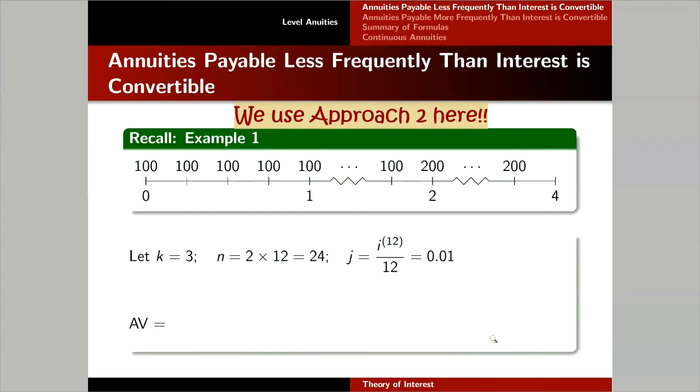So that's the accumulated value of an annuity due. Now, the accumulated value for the first set of payments of 100 will be 100 times the accumulated value of an annuity due where PP is less than ICP, S angle N over A angle K. So that's why we have S angle 24 over A angle 3, for the first 2 years only.